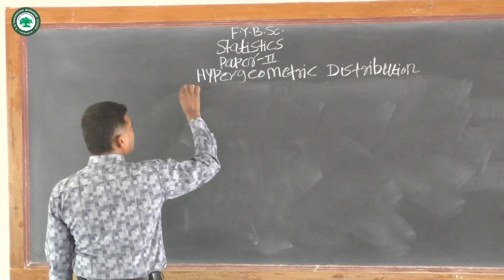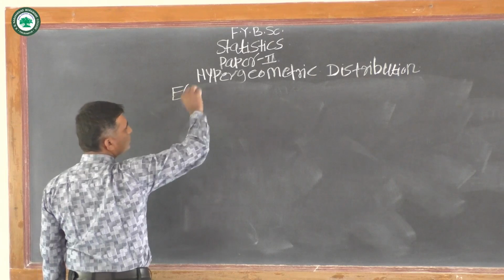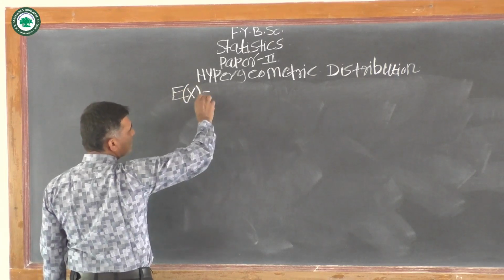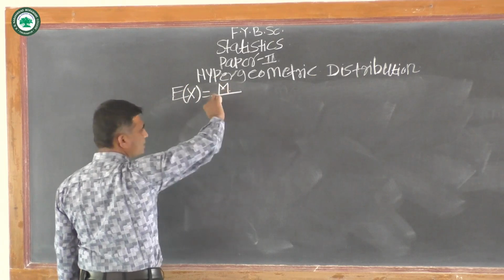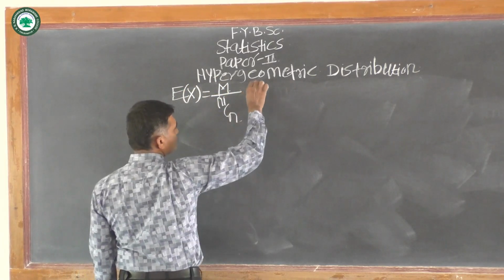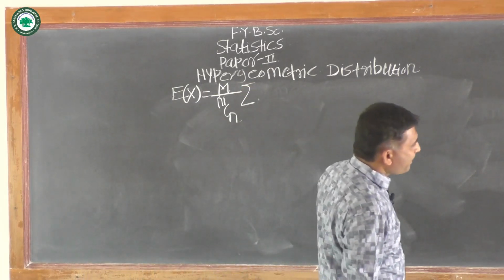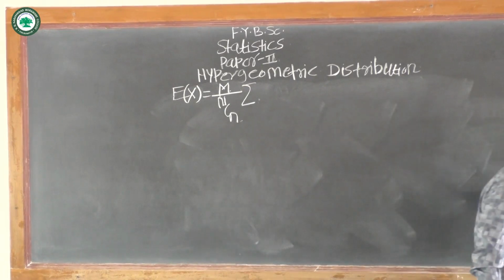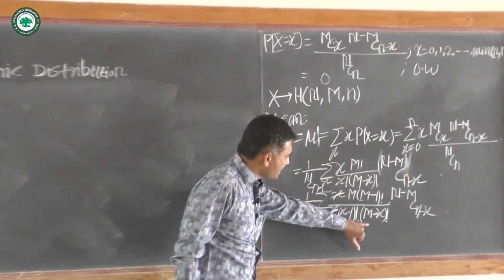Then the expected value of x is equal to M upon NCn into the summation of (M minus 1) factorial upon (x minus 1) factorial into (M minus x) factorial.